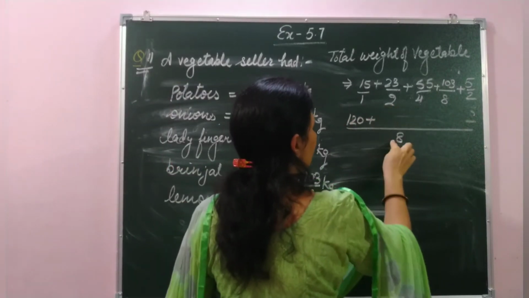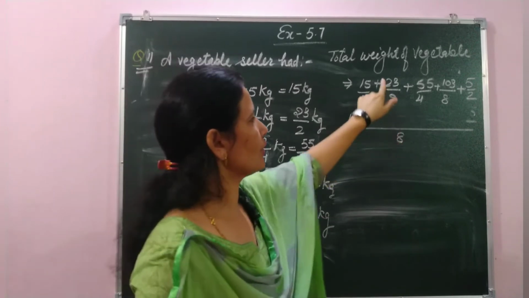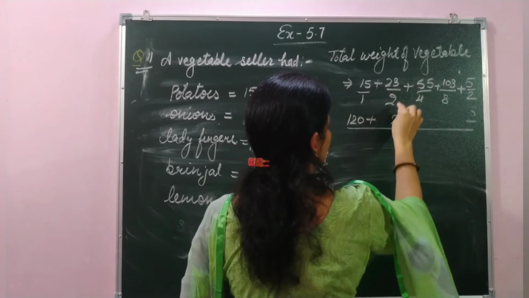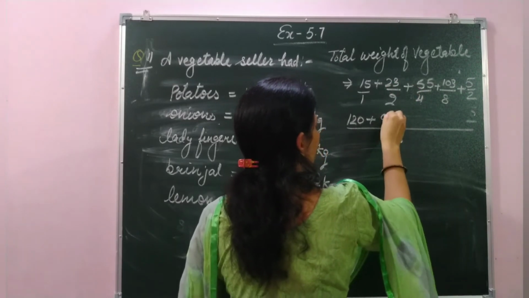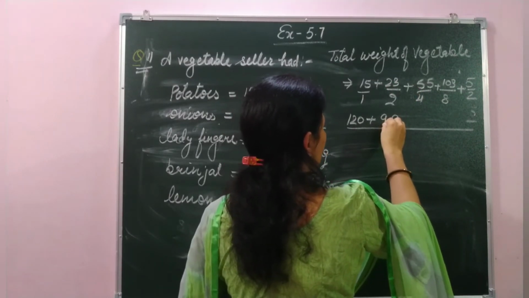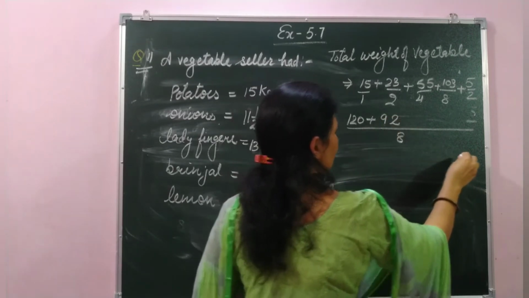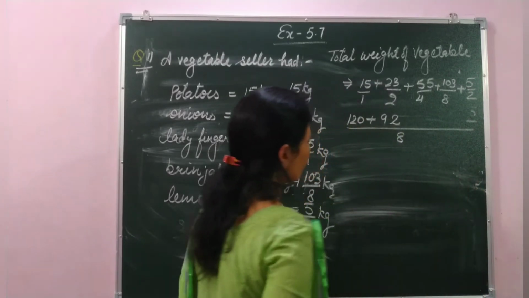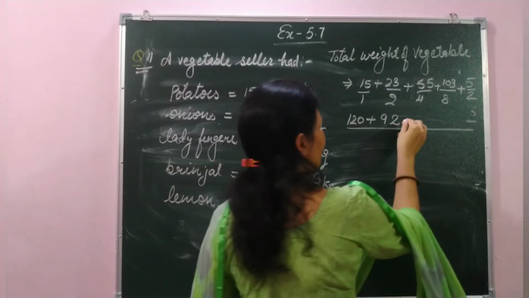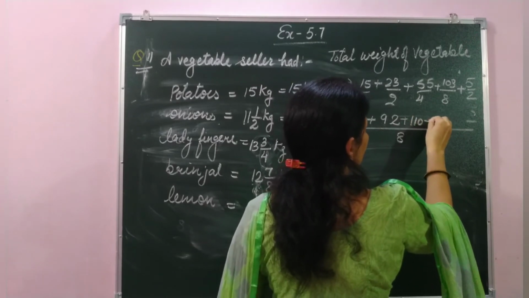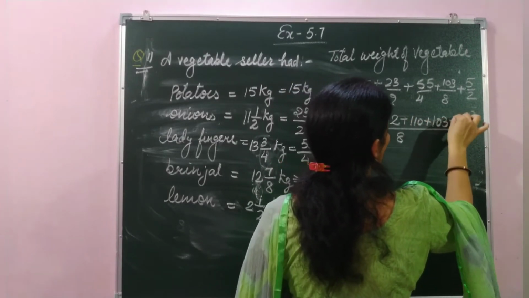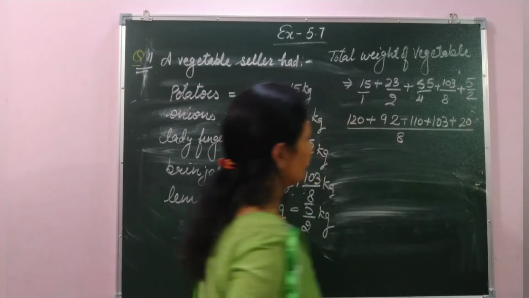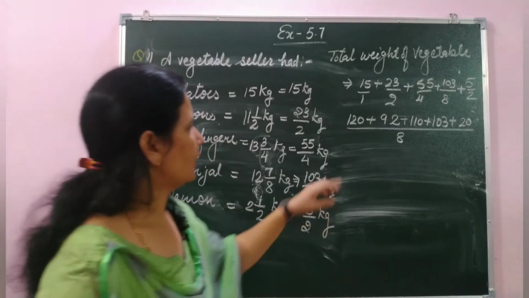Plus 2 4s are 8, 23 4s are 92. Let me check. Yes, 92. Then 4 2s are 8, 55 2s are 110, 8 1s are 8, 103, and 2 4s are 8, that means 5 4s are 20. This is the total.